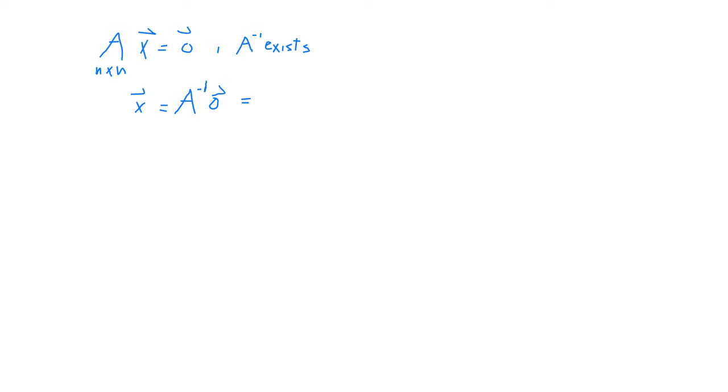In other words, let me be a little more clear here. A times x, if the inverse exists, I can multiply the left side of that vector equation by A inverse.